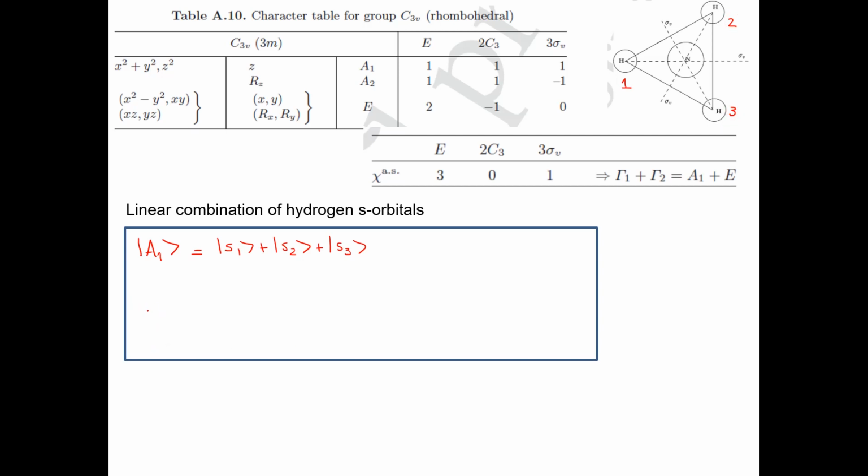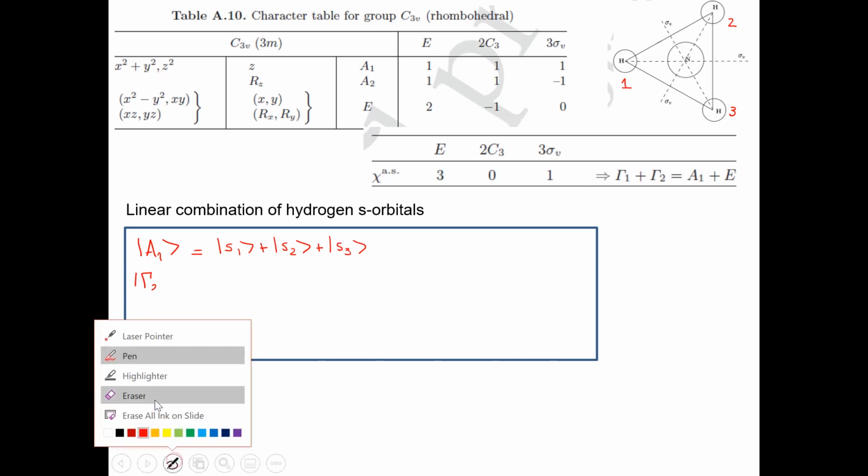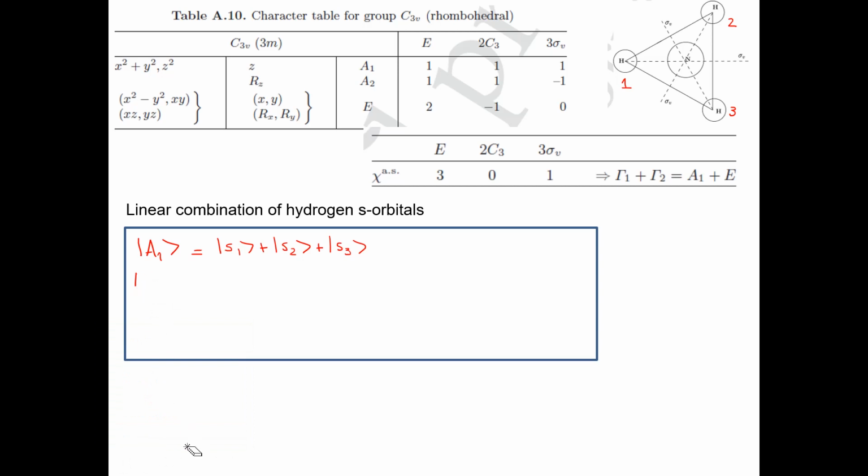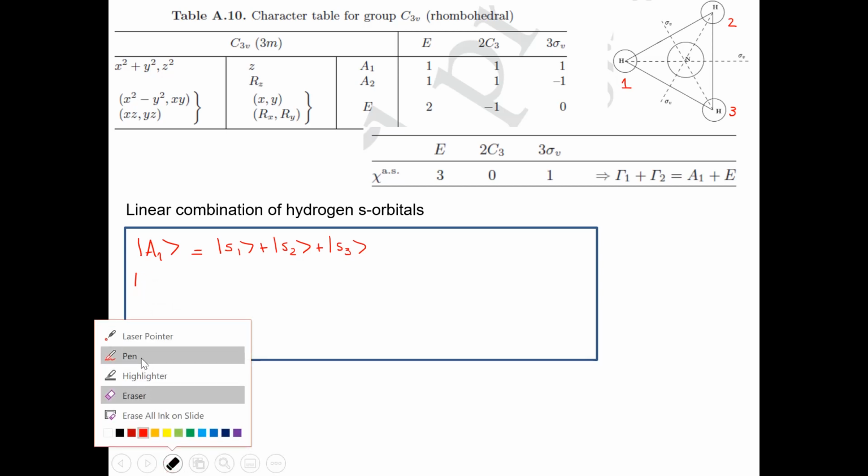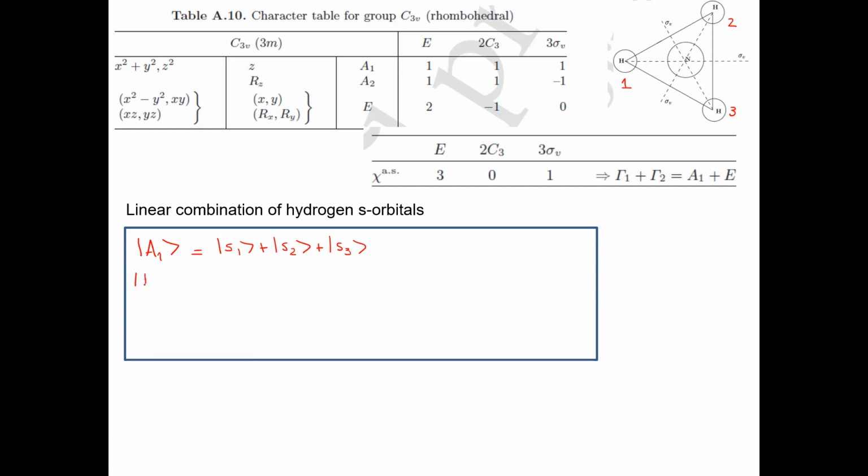And for the two-dimensional representation, we have two different partners. The first is the A1 representation, the second is the A2 representation, and then E. For the E representation, I have two partners.